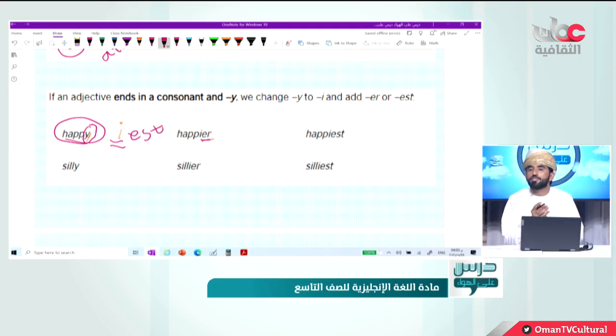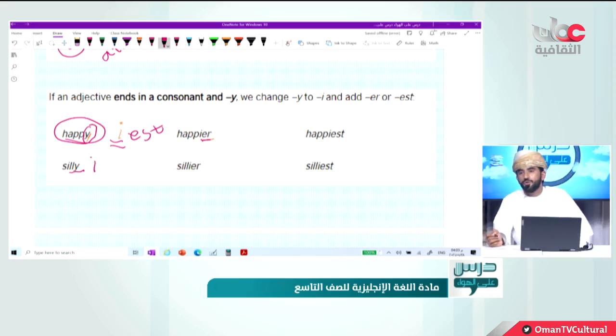Okay, who can explain to me for the word silly, adjective silly? Again, this silly is what? An adjective, ends with what? With Y, exactly. What should we do here? Group A, thank you so much. Excellent, yes. We should replace the Y with I, exactly.